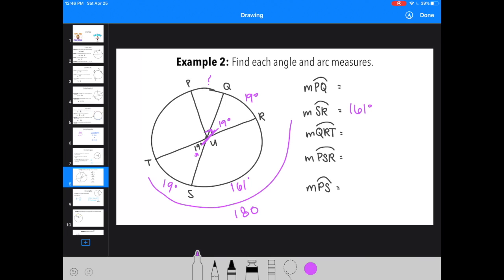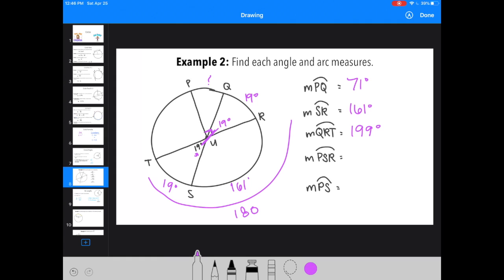Now that I have QR, I can find PQ by taking 90 minus 19 to give me 71 degrees. All right, what's next? I'm trying to find arc QRT. Well, I know the measurement of QR. I know the measurement of RT. RST is 180. So 180 plus 19 gives me 199 degrees.